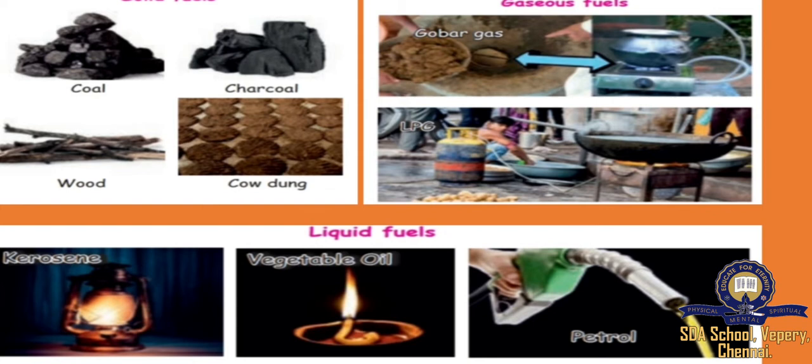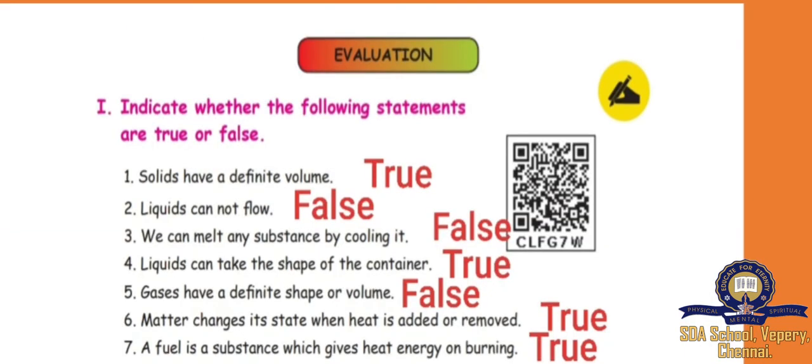Examples for solid fuels are coal, charcoal, wood, cow dung. For gaseous fuels, gobar gas, LPG gas. For liquid fuels, kerosene, vegetable oil, petrol. I hope you all understood this.